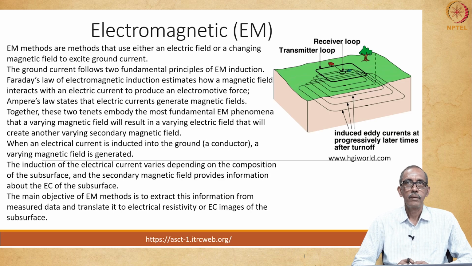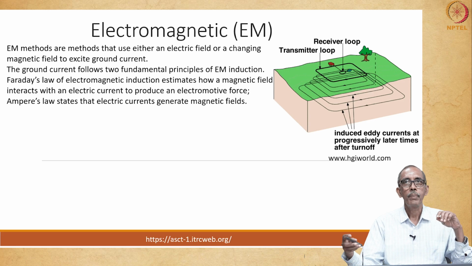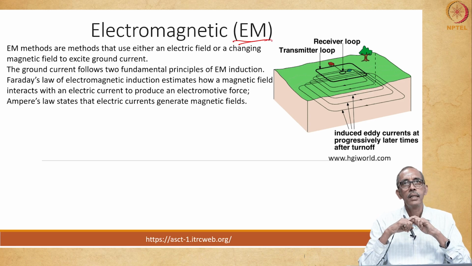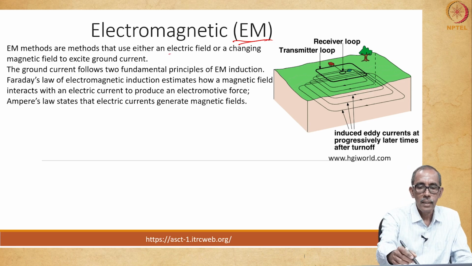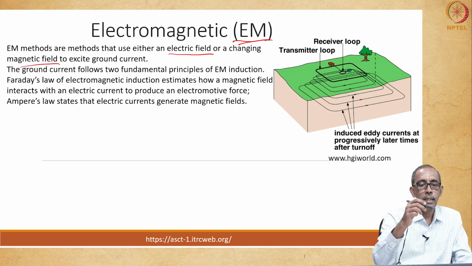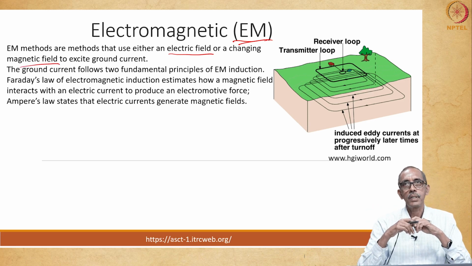Electromagnetic methods make use of electrical field. Electromagnetic methods are also popularly known as EM methods. Here we make use of either the electric field or changing magnetic field mainly to excite the subsurface.